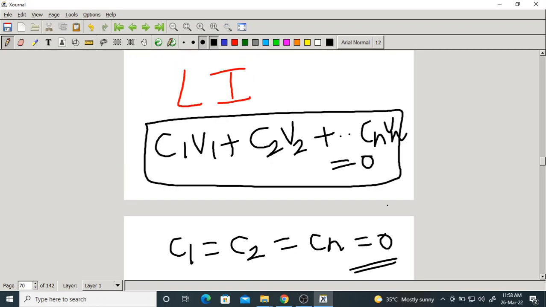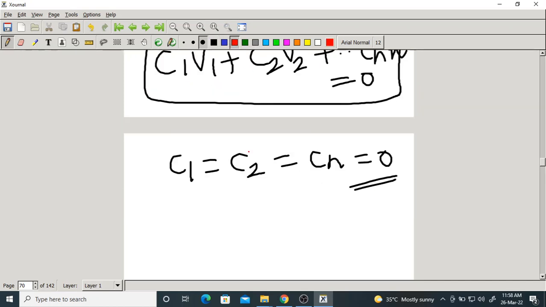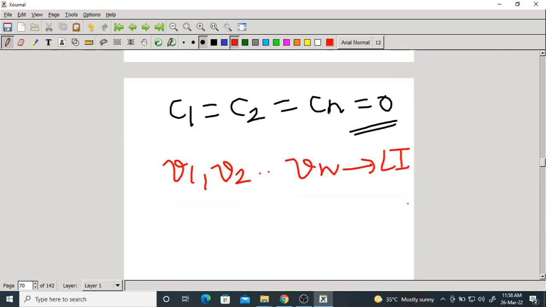If it is so, then we say that the set of vectors v1, v2, vn are linearly independent. So the linear combination should be 0 only if the scalars are 0.